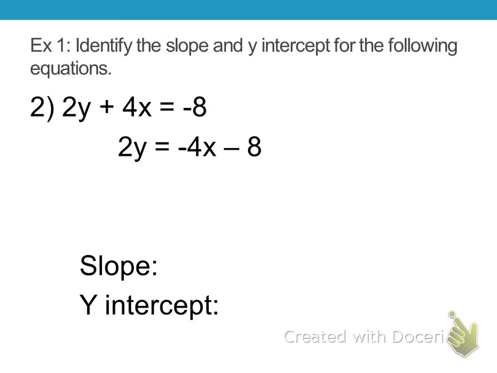So what would I do next to get the y by itself? Divide everything by 2. So y equals negative 2x minus 4. What's the slope? Negative 2. What's the y-intercept? 0, negative 4. Perfect. Questions? Again, this should all be a review of what you took a test on Friday.